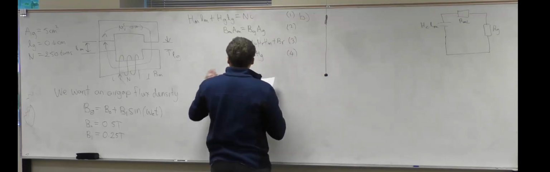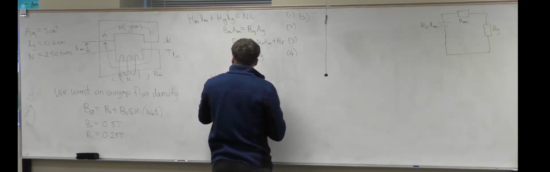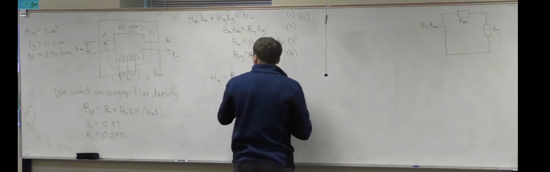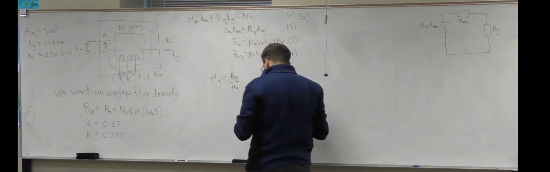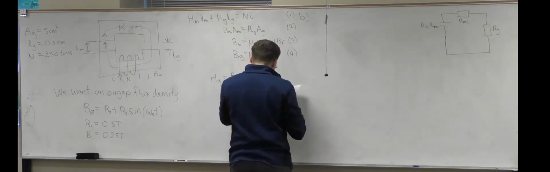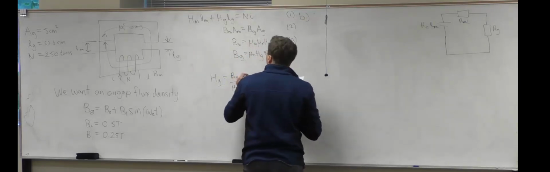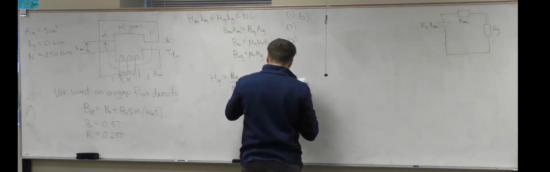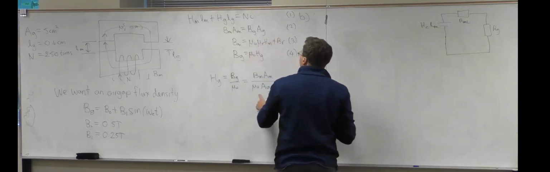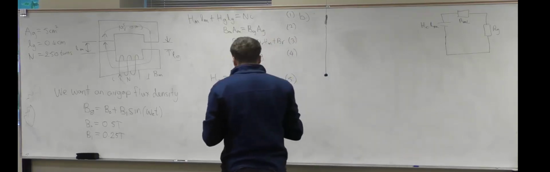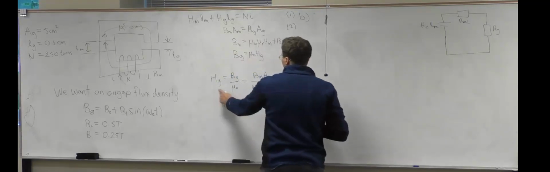So let's write 4 as HG is equal to BG over mu naught, and then looking at equation 2, we have a BG, so we could substitute for BG, and then we have HG equals BM AM divided by mu naught AG. I just put equation 2 into here. So that's 5. Okay, so now we've got this in terms of Hg.